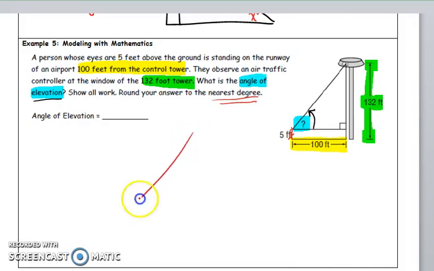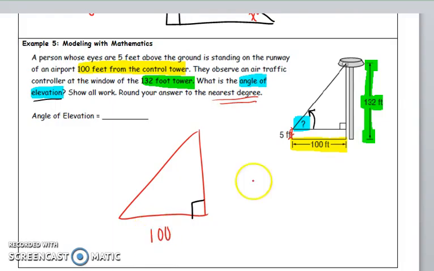So I know I have a right triangle. I'm going to redraw that because that was not a very good drawing. And I know I have a right angle here because it's given to me in the diagram. And I know that this horizontal distance down below is 100 because the distance from the person to the tower is 100. Now, I know that this is 132. The height is 132.